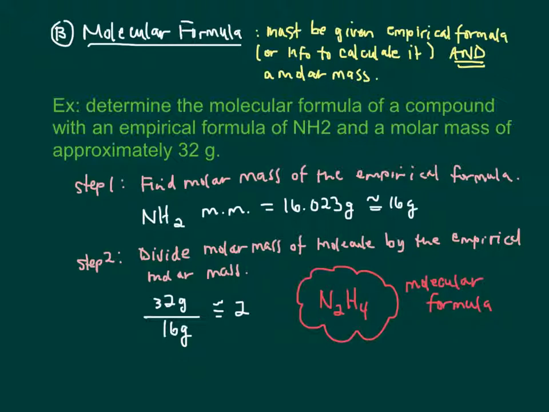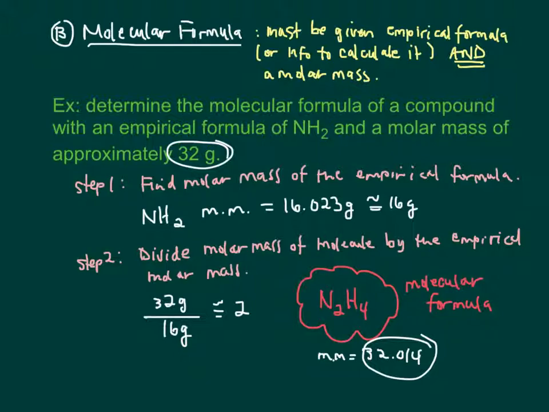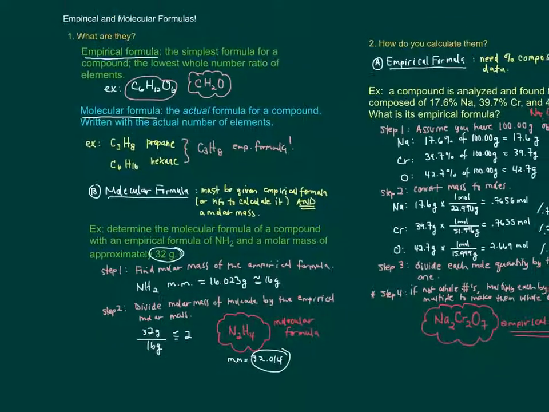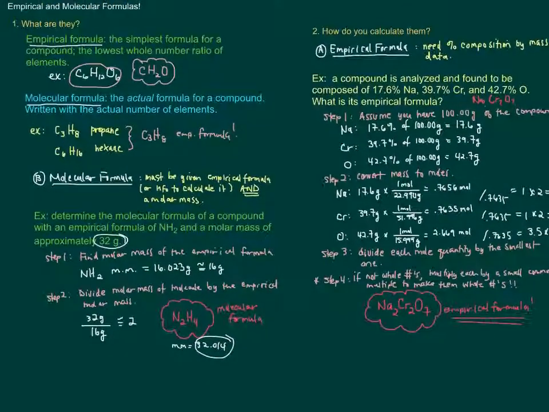And when I do that, I get an exact molar mass of 32.014. And that is close to what they gave us in the question, so I know that I've done my molecular formula correctly. All right, and that is how you calculate empirical and molecular formulas.